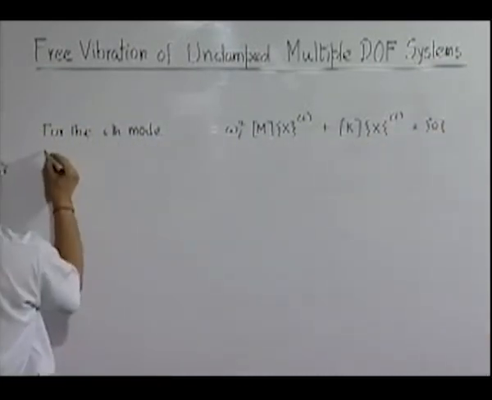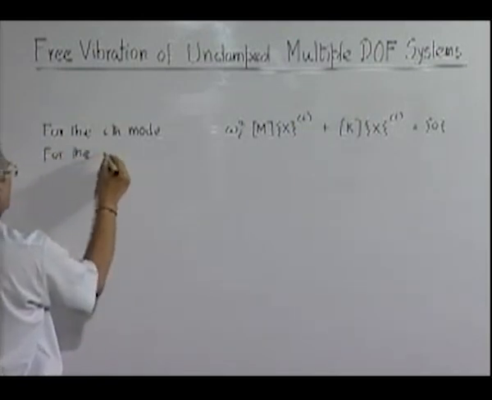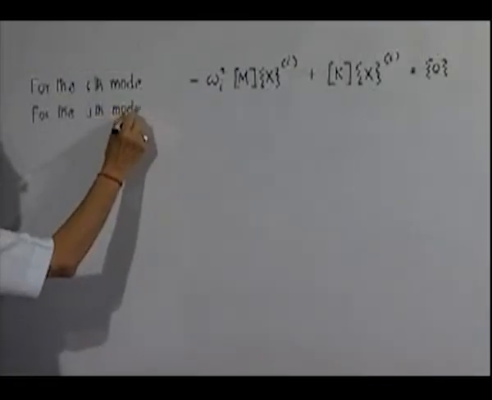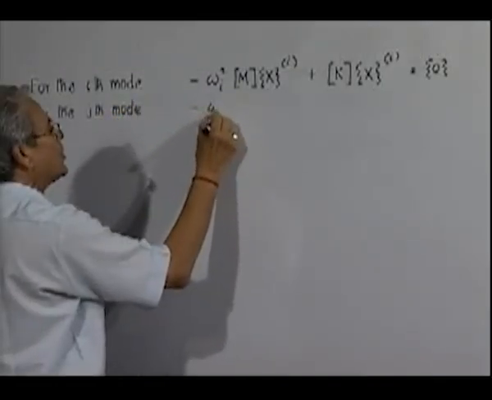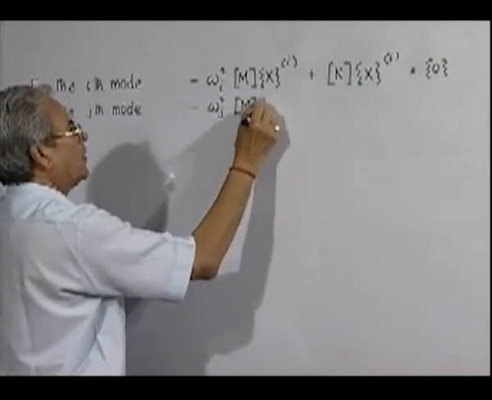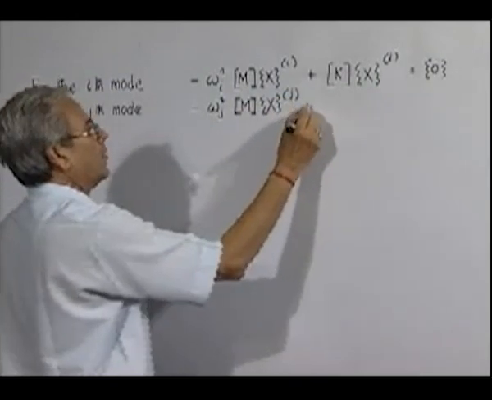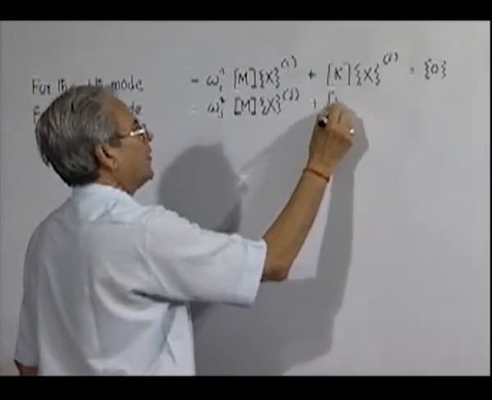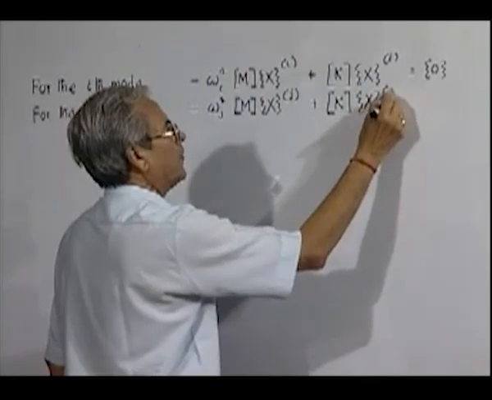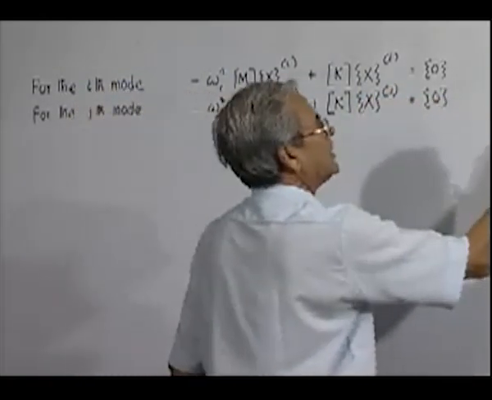For the jth mode, the equation will be... and we call this equation 2.